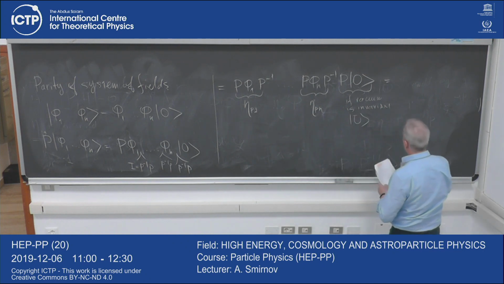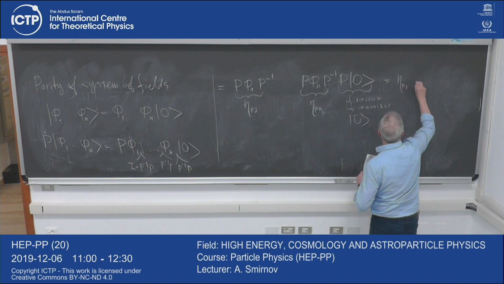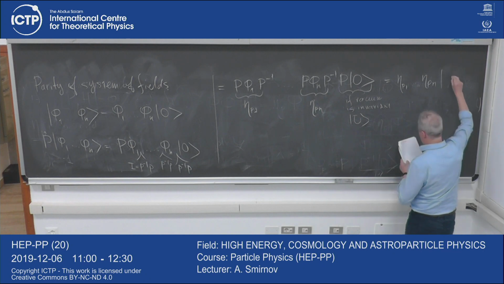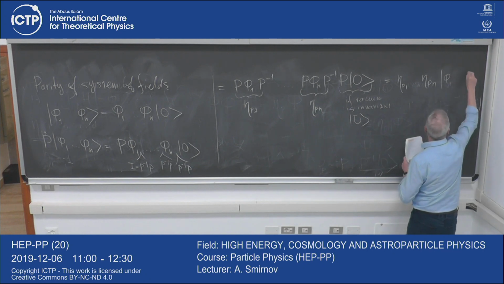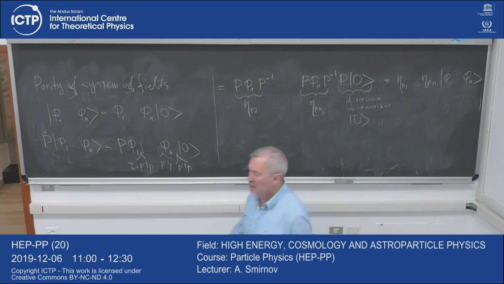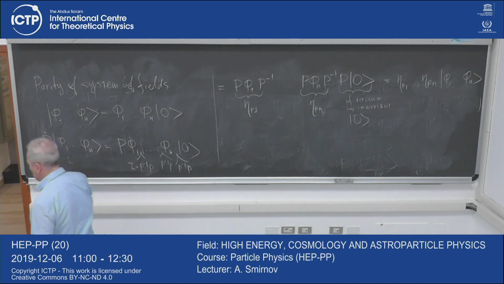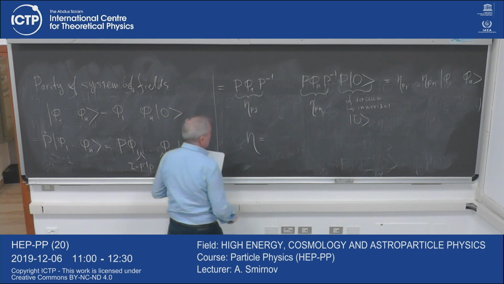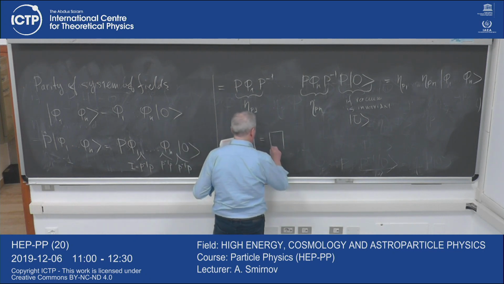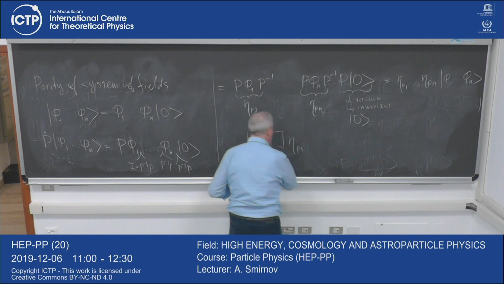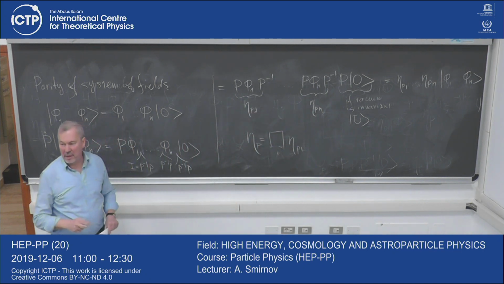And what we get eventually is eta P1 ... eta Pn, and then our state F1 ... Fn. Okay, all this P disappears, and then again I get this initial state, which means that the parity of the system of the fields is introduced as the product of parities of individual fields. And so the parity is a multiplicative quantum number.